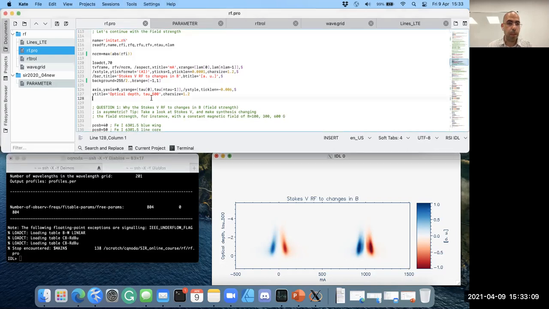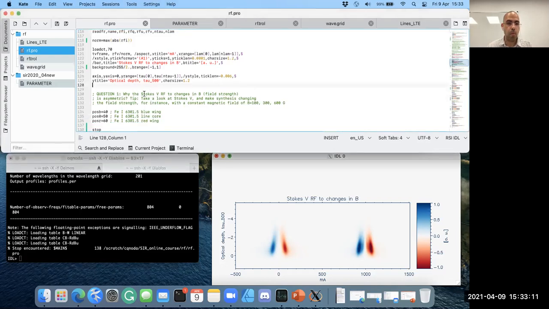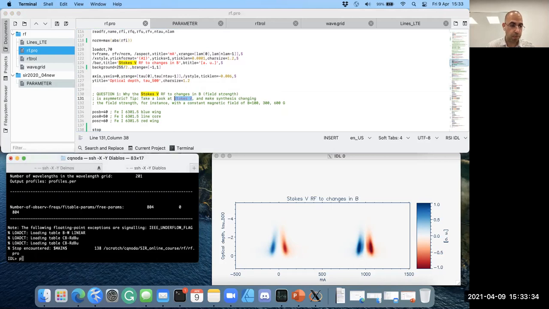So I put as a question why you have this change, and I recommend you try to look at Stokes V while you perform synthesis using a constant magnetic field like we have in this example, but you change the field strength. For example, you use 100 Gauss, 300 Gauss, or 600 Gauss. Just as a tip.